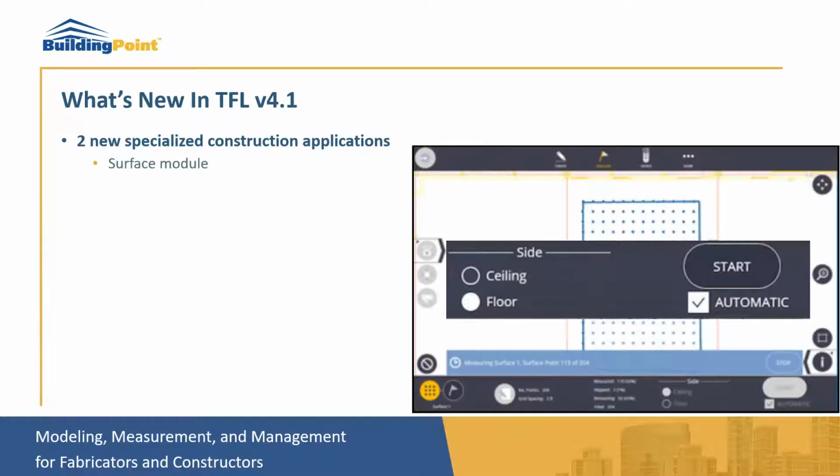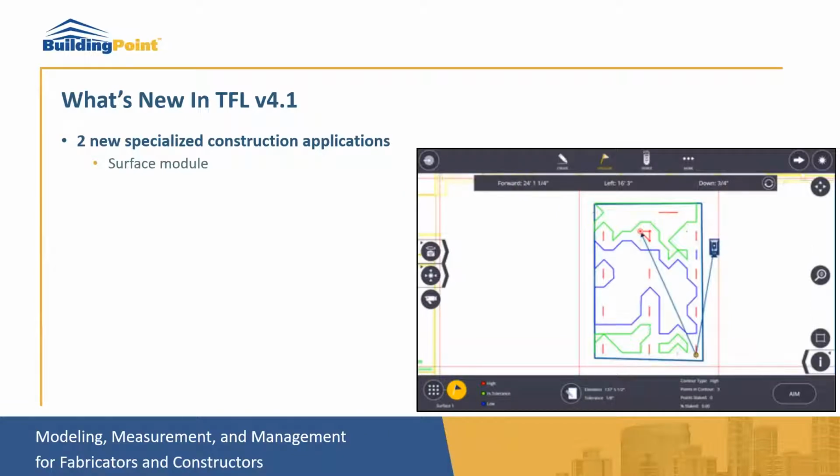Once the point collection is done, you will have the option to enter the elevation of the slab and then your tolerance, and the software will automatically compute, with the points that you've collected, a contour map, giving you green contours for what's in tolerance, what's below the reference elevation in blue, and what's above in red. And then you can aim the instrument at the high and low areas, mark them on the slab, and then have them flattened out if required.